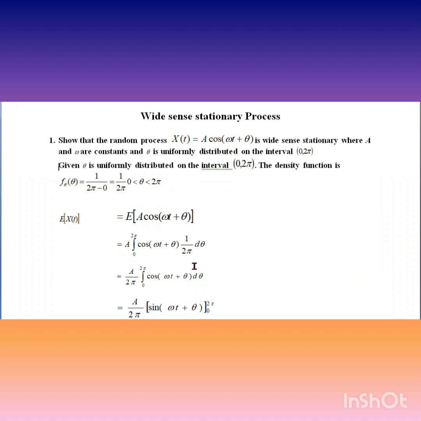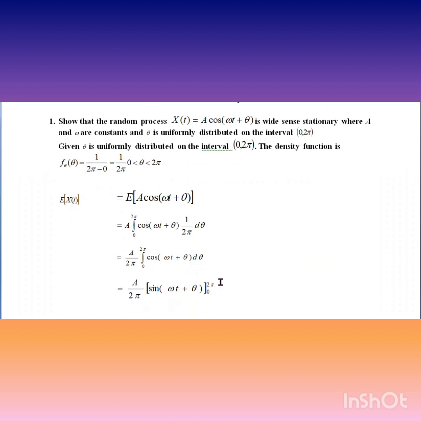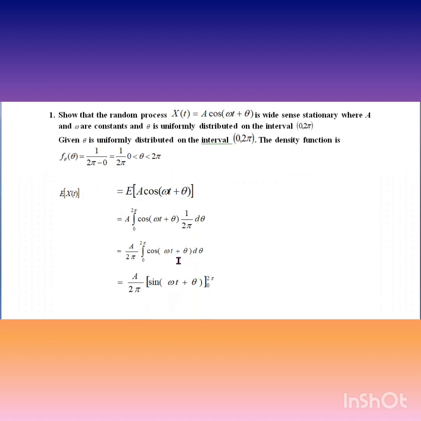This 1 divided by 2 pi you can take outside, so you can write a divided by 2 pi integral over the limit 0 to 2 pi cos of omega t plus theta d theta. So cos of omega t plus theta you have to integrate. Cos, if you are integrating, you will get sine. So a divided by 2 pi sine of omega t plus theta, the limit is 0 to 2 pi.